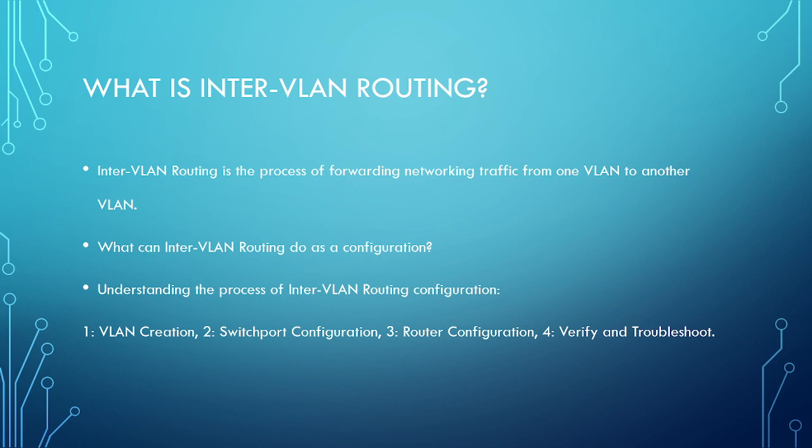What can Inter-VLAN routing do as a configuration? Well, Inter-VLAN routing is used to enable communication between various devices that are residing in different VLANs. In one instance, let's say a company can use Inter-VLAN routing as a configuration by segmenting the company's larger network into VLANs.